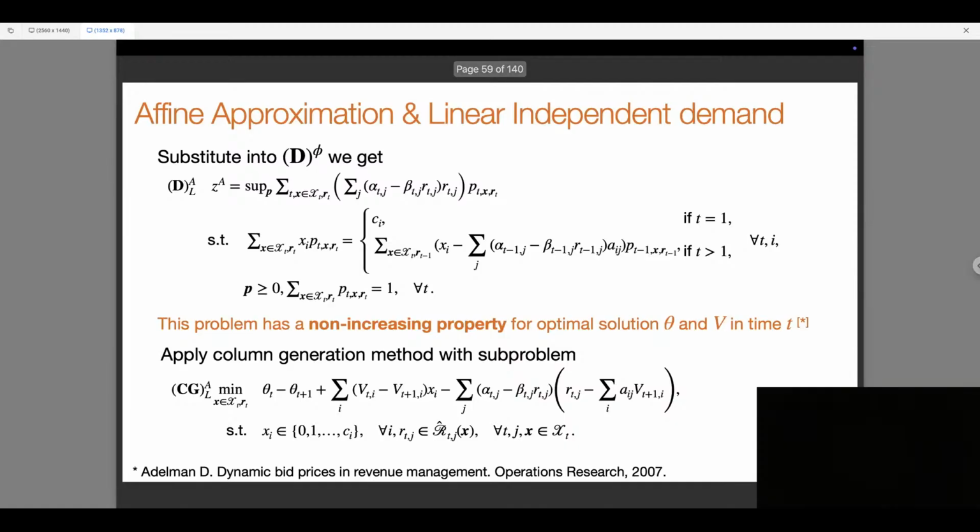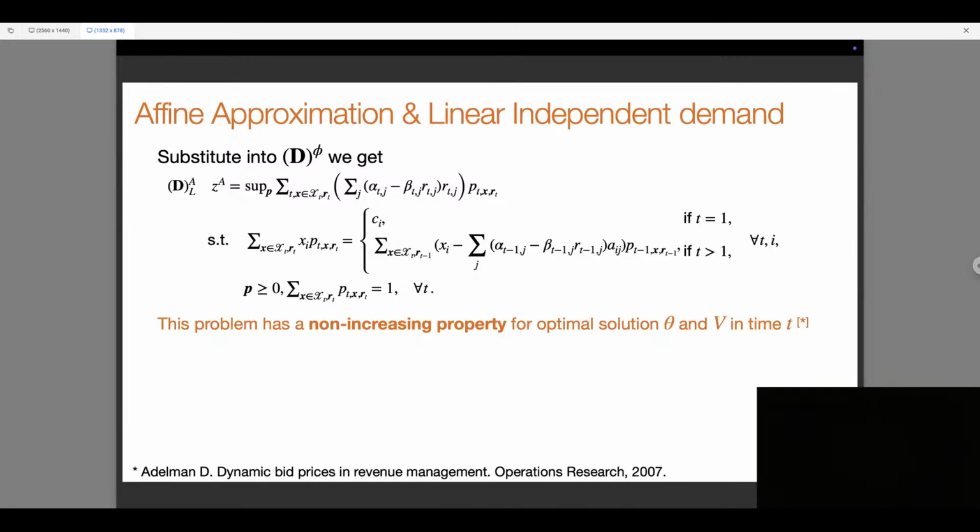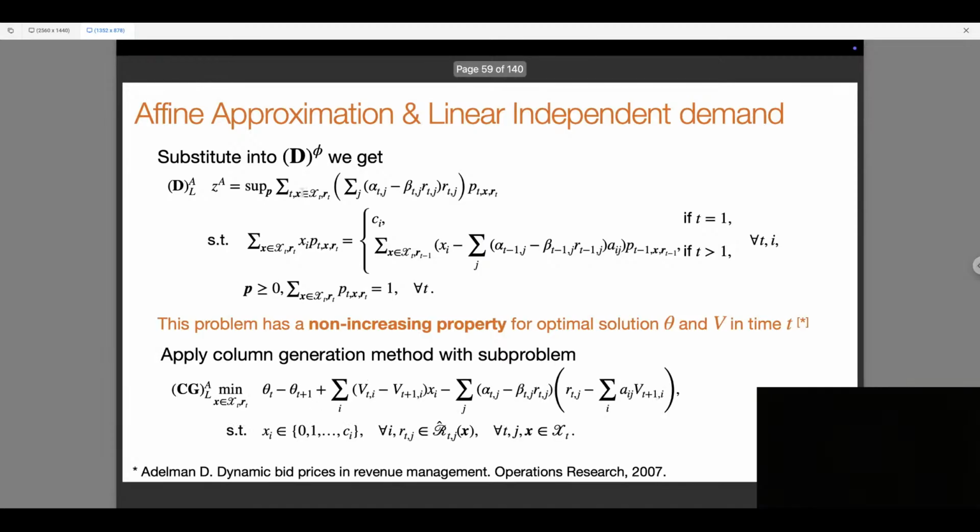And then we can apply the column generation method, and notice that there remains an infinite number of decision variables as x remains here. So we apply the column generation method with the subproblem CGAL, and now we can see the subproblem CGAL.